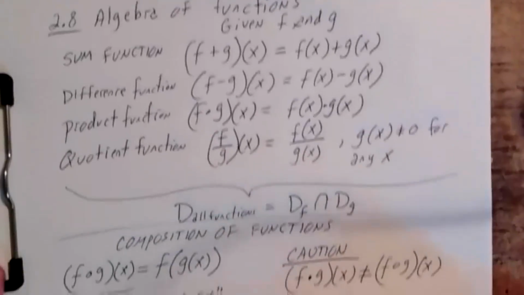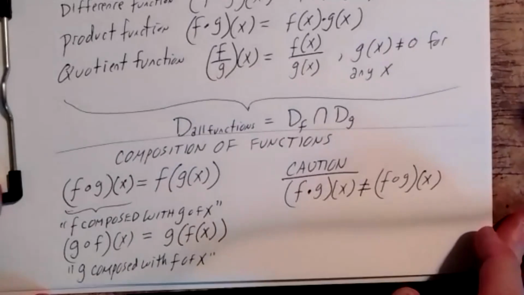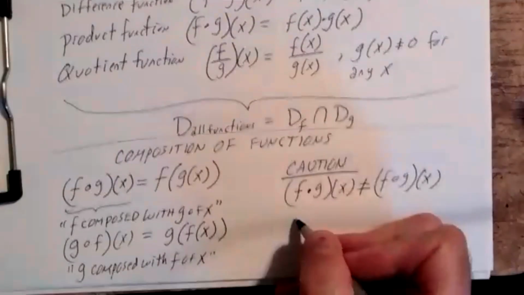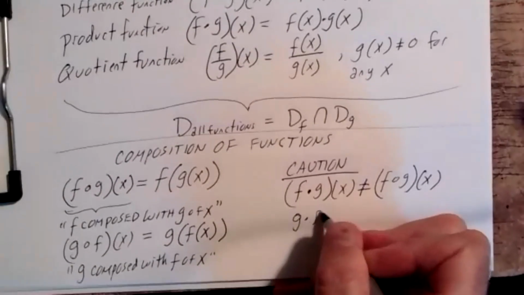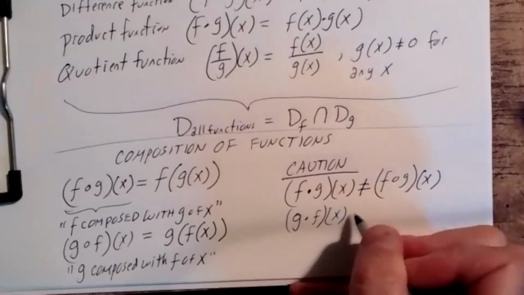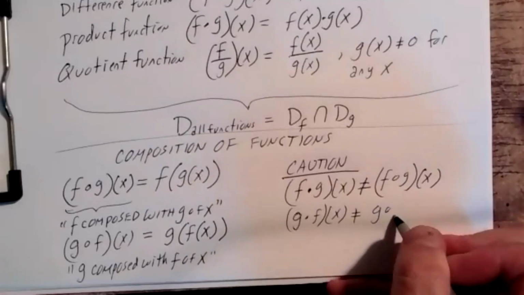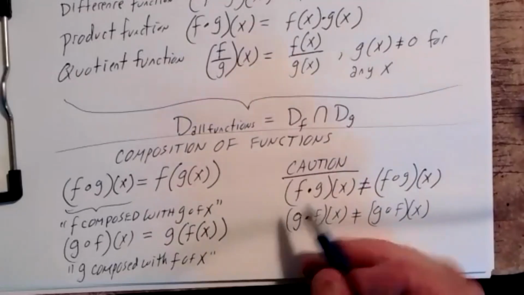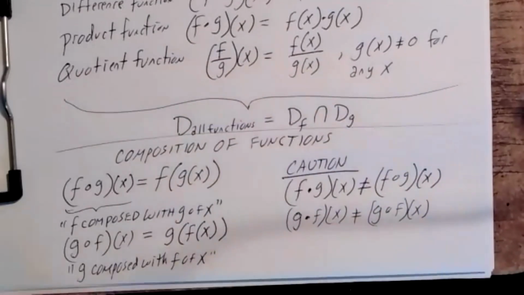The algebra of functions. Not quite. I'm still working on the last little part. And it's also true that g times f of x is not remotely related to g composed with f of x. No relationship whatsoever, again, between the multiplication operator and the composition operator.